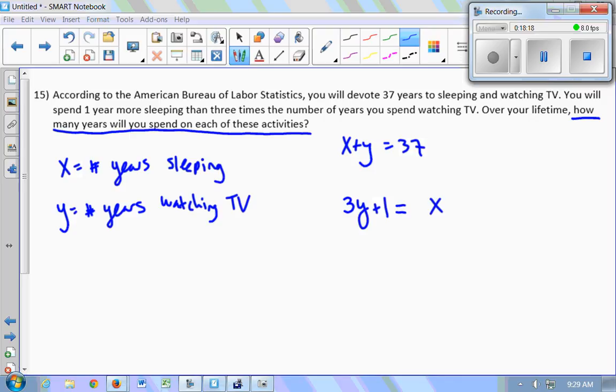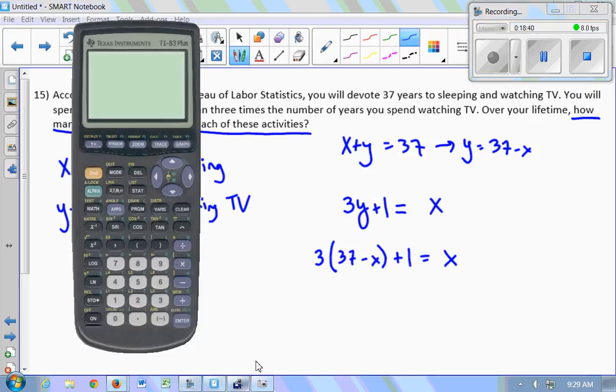All right. So now let's see. I should solve this thing for anything I want, either x or y. Solve for y. 37 minus x. So I replace this y with a 37 minus x. And let's see, 3 times 37 is 111 minus 3x.